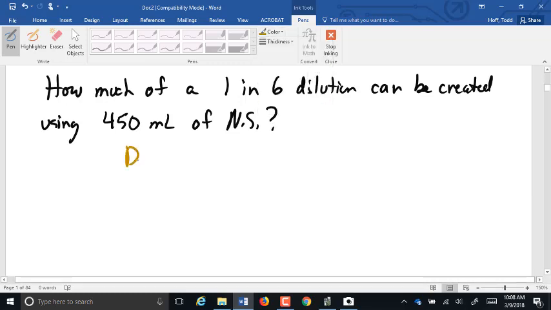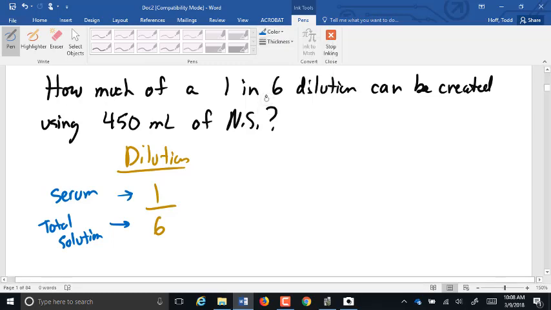So if I write out the dilution here, that's 1 in 6. The 1, of course, represents serum. 6 represents total solution.